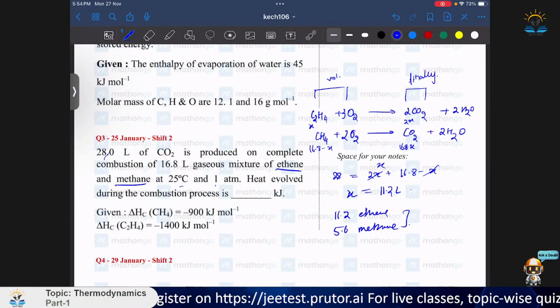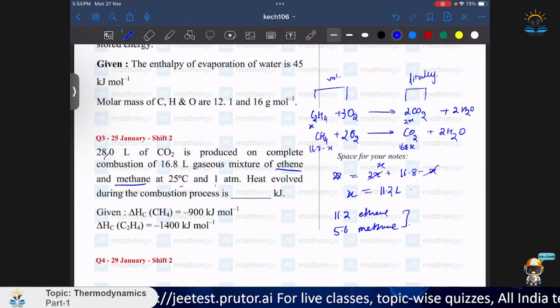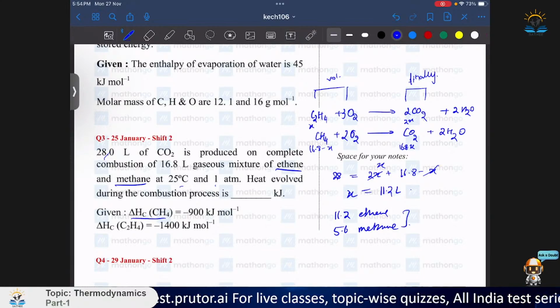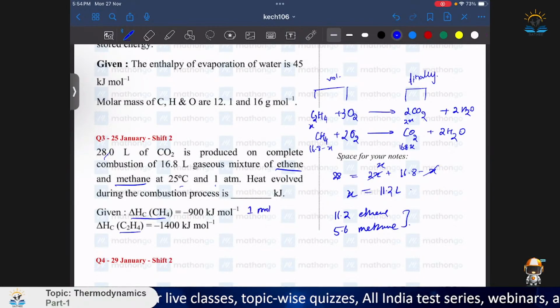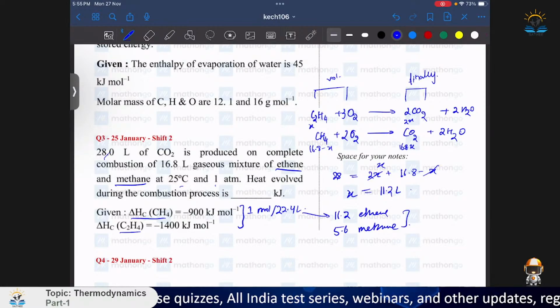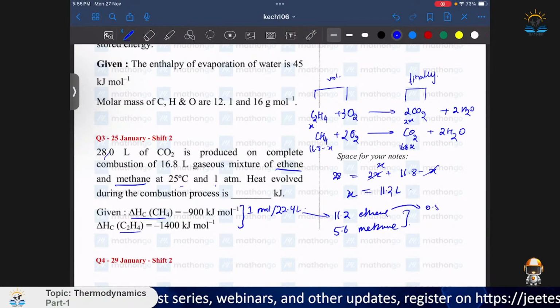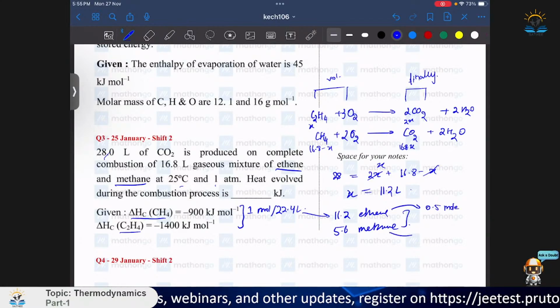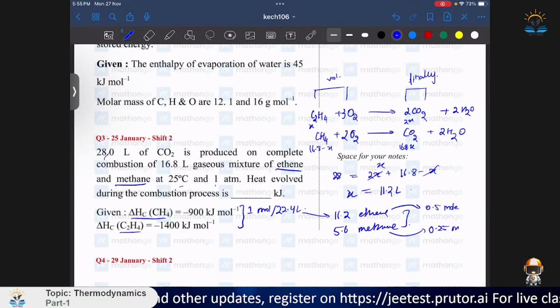They have asked us for the heat produced, heat evolved. They have given us the combustion of ethane and methane and ethene. This is for 1 mole of the substances, or 22.4 liters. If we just calculate for 11.2 liter ethene, which means 1 by 2, that is 0.5 moles ethene, and 5.6 liter methane is 0.25 mole methane.